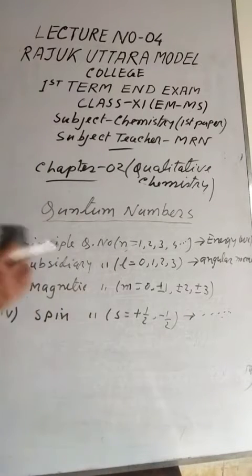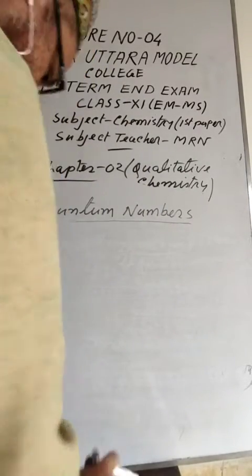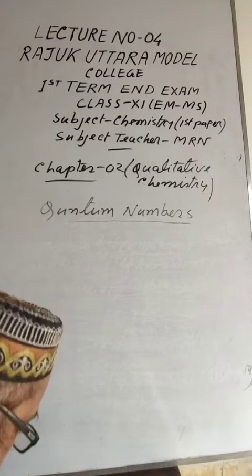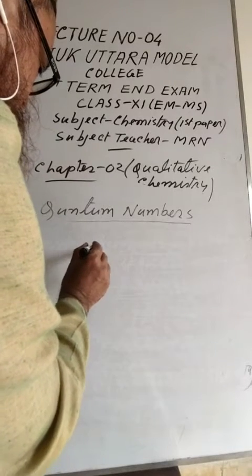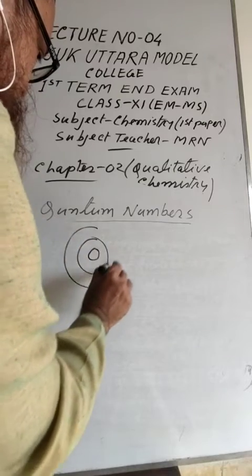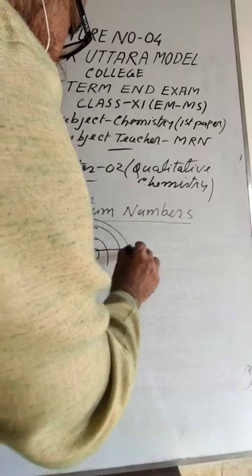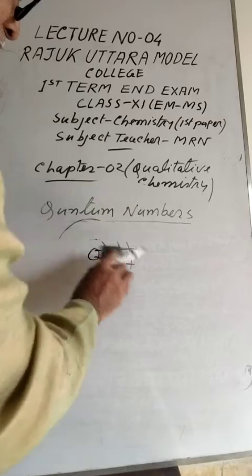Next one, for example, if we take the structure of an atom, with these circular paths, if we cut this one, then we will get up to this.